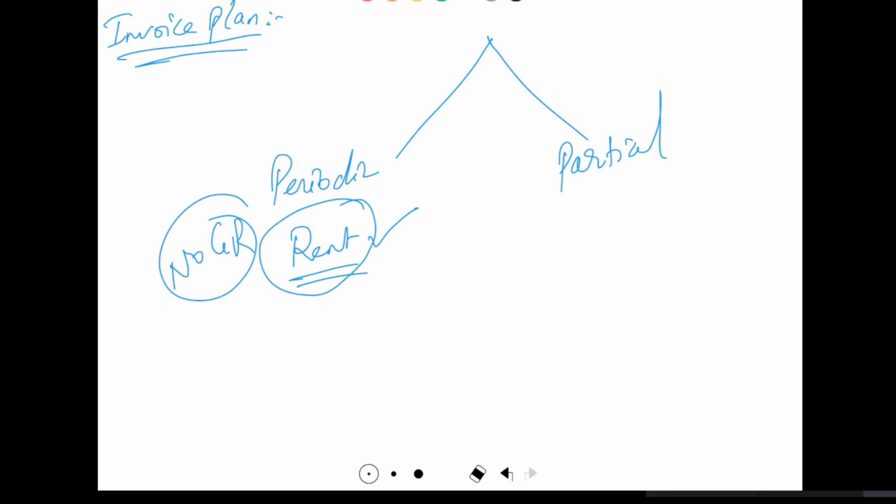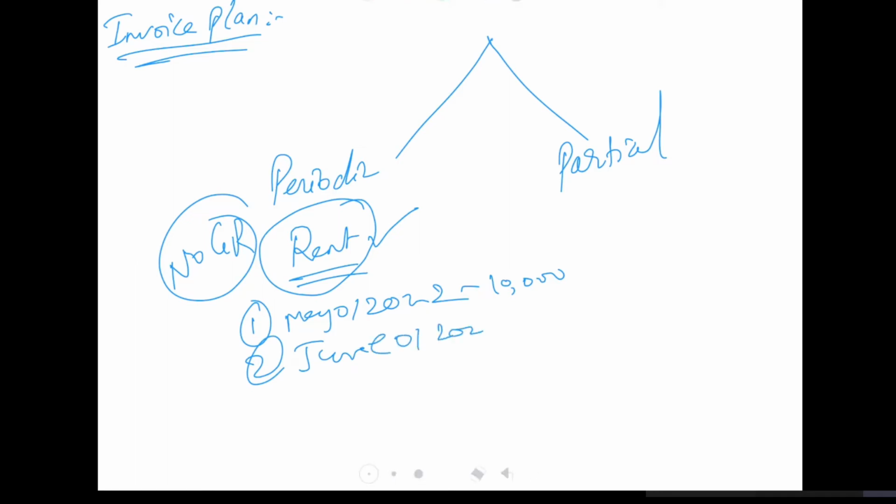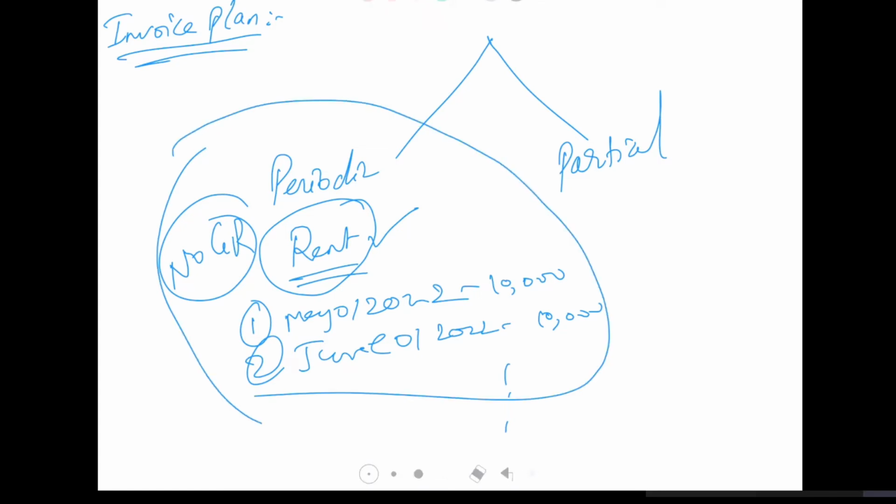So in those cases, how will SAP handle it? Suppose on May 01, 2022, I have to pay 10,000 rupees. There is an agreement that every month I have to pay. June 01, 2022, again I have to pay 10,000 rupees. So we are paying every month for one year. How does SAP look into that invoice? That is called an invoice plan.